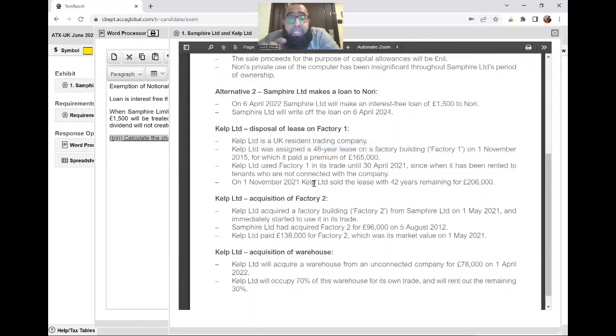We are selling the lease with 42 years remaining. So the disposal proceeds of 206,000 represent 42 years, whereas we purchased the lease for 48 years, so the cost of 165,000 represents 48 years. So we need to adjust the cost. And since the lease is assessed in income tax and CGT both, we use the lease percentages.